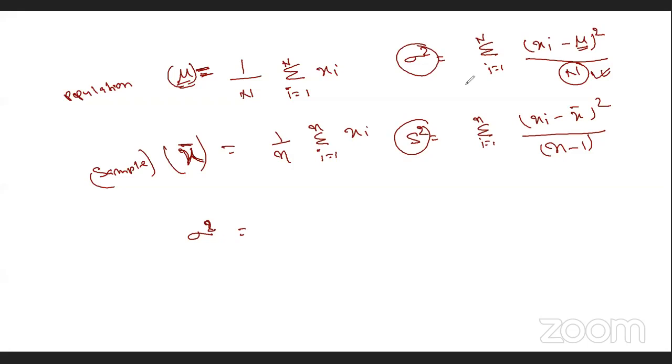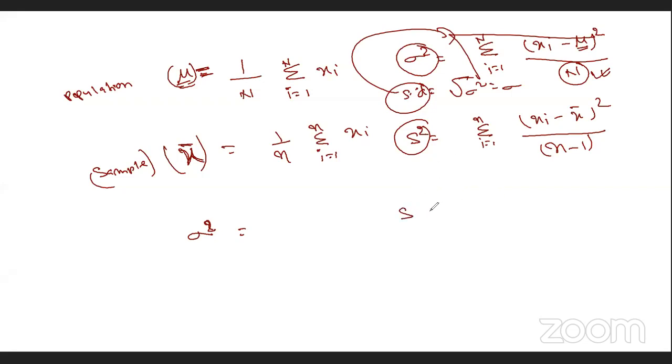Now, at the same point of time, if I'm talking about the standard deviation of a sample, we have already seen the standard deviation of a population, which is equal to rho. You just have to take the square root and you will get the standard deviation for a population. For the standard deviation of a sample, it's not a big deal at all.